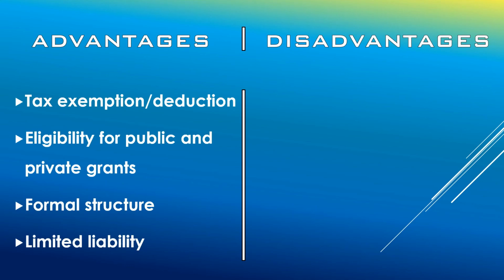Also, directors have a fiduciary responsibility. If they do not perform their jobs in the nonprofit's best interest and the nonprofit is harmed, they can be held liable. Now we go to the disadvantages of a nonprofit organization.